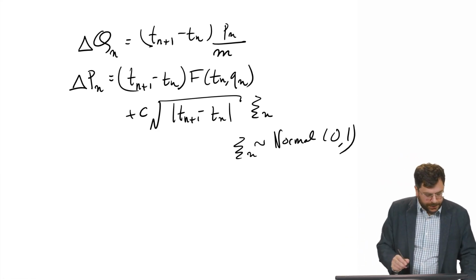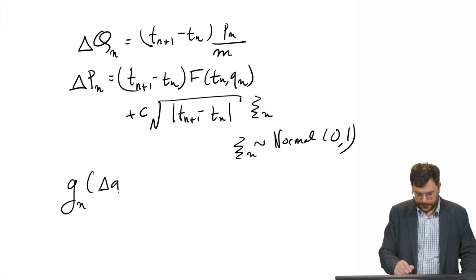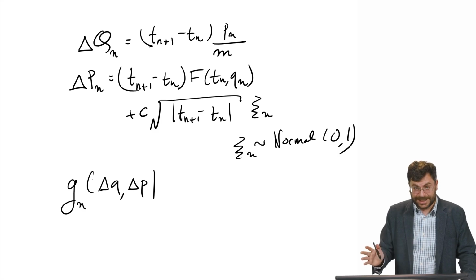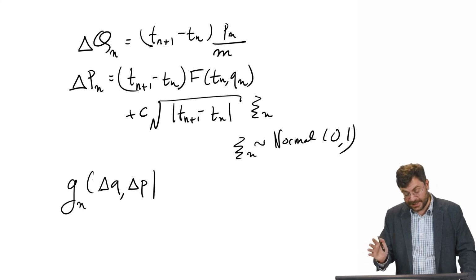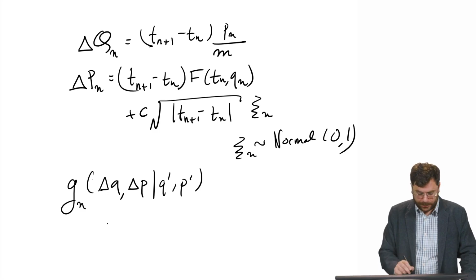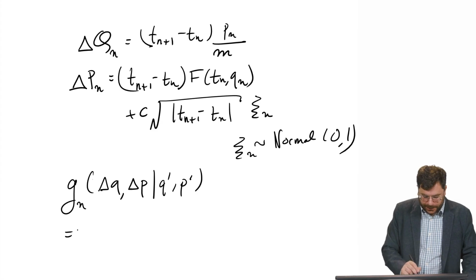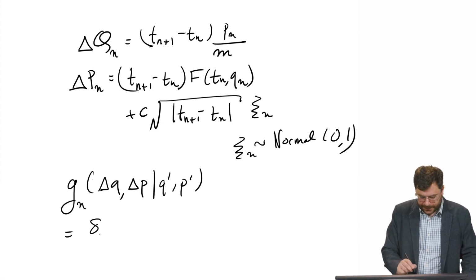So then I can write out, using these expressions, what my transition probability density is for my increments given q prime and p prime, my initial conditions. If I were to write that explicitly, I'd have a delta function, and I may run out of space, but let's see.